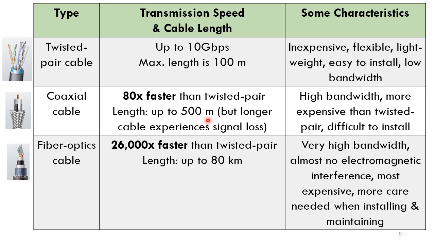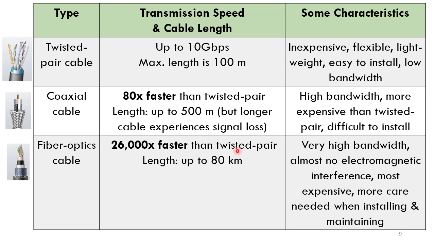But please bear in mind, the longer the cable is, the weaker the signal will be. So coaxial cable, as you can see here, is high bandwidth but more expensive than twisted pair, and it is also difficult to install.